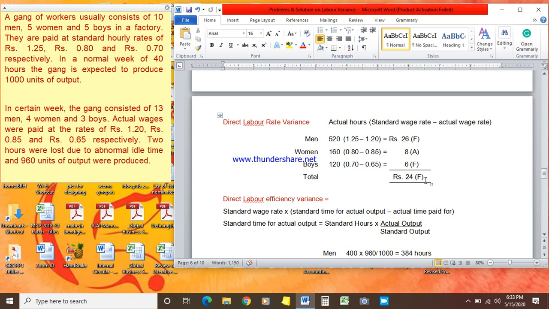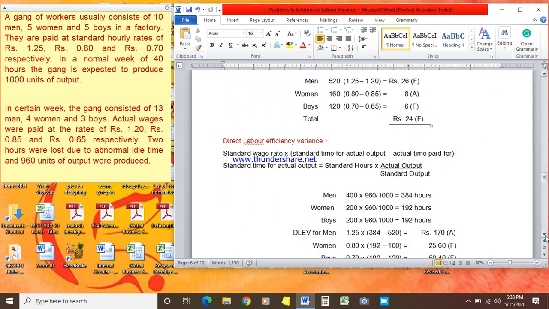Now moving on to the third one, that is labor efficiency variance. While calculating the labor efficiency variance, it's a comparison between the standard time and the actual time, and that is multiplied with the standard wage rate.